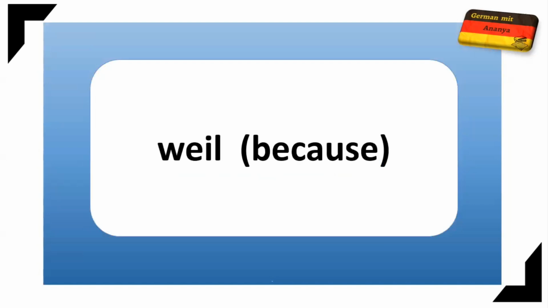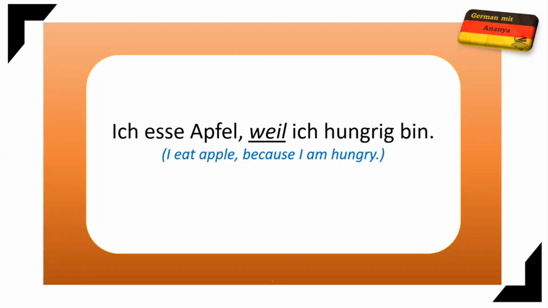But if you're in A2 level, then instead of denn, always use weil. Ich esse Apfel, weil ich hungrig bin. Both sentences are the same, whether denn or weil, but the structure is different. Weil is a Nebensatz, so in Nebensatz, the verb will always be at the end.